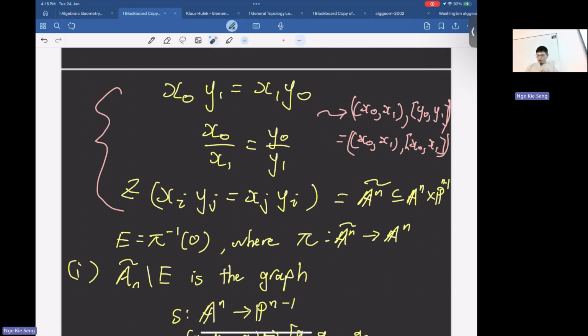But how about blowing up a subset of it? Let's say we want to blow up a subset X of A^n. What happens?